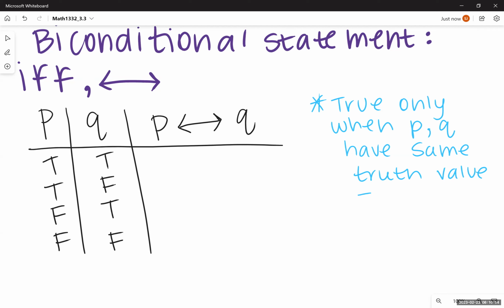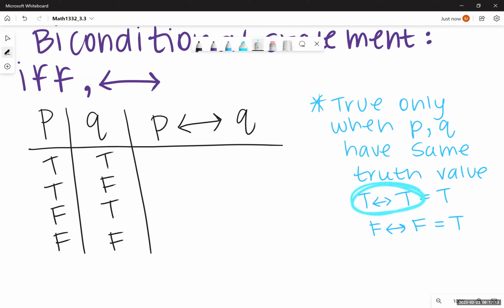So it looks like this. T, if and only if T gives you T, as well as F, if and only if F. That also gives you true. Because it said as long as they have the same truth value. And right here, those are both true. Right here, those are both false.